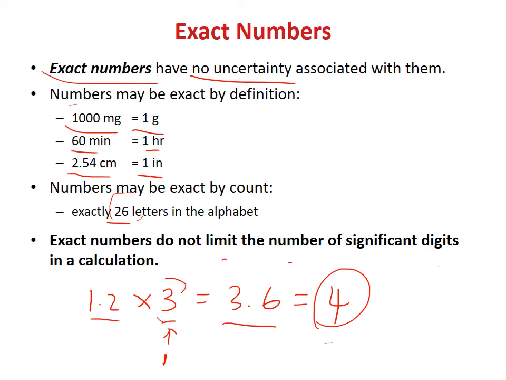However, if this is an exact number, a counting number, so for example, 3 people, each with 1.2 inches or some meters, then when you calculate, this doesn't count as the fewest significant figures. So you calculate this one, which is 2, and therefore the answer should also have 2. So this will be your answer if this is the exact number.